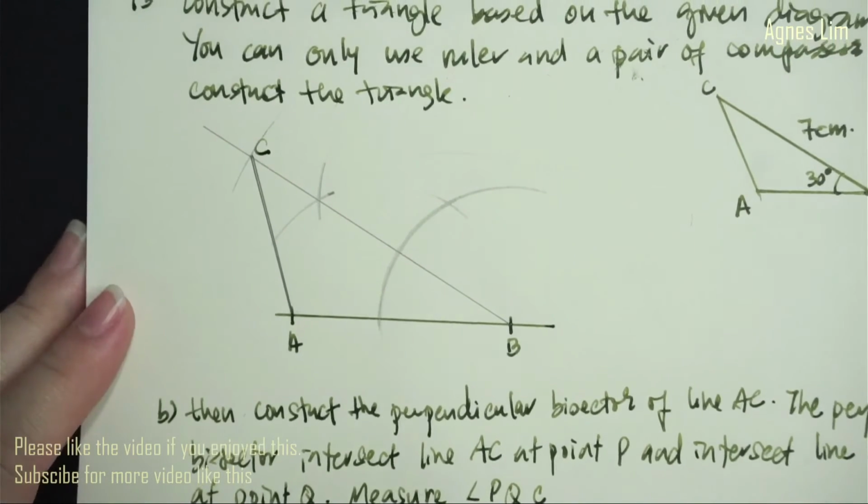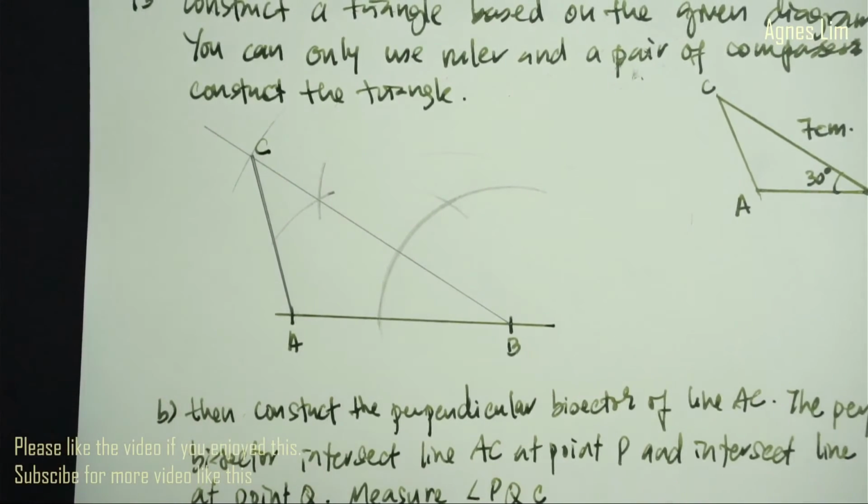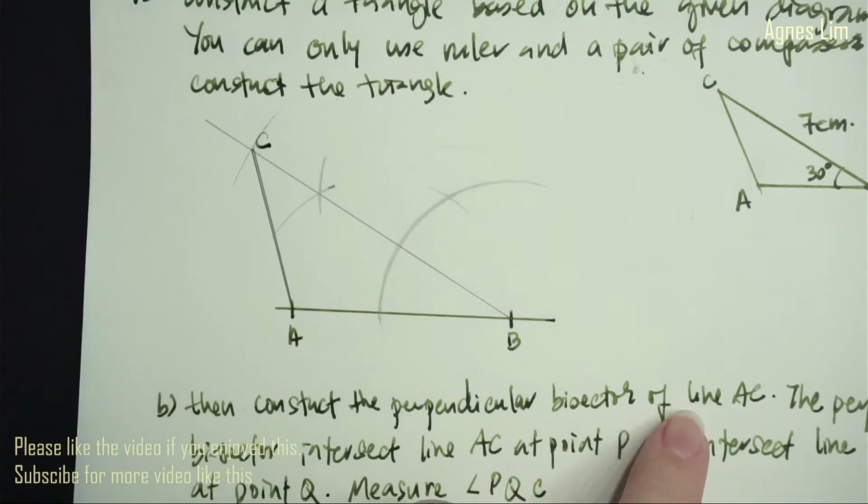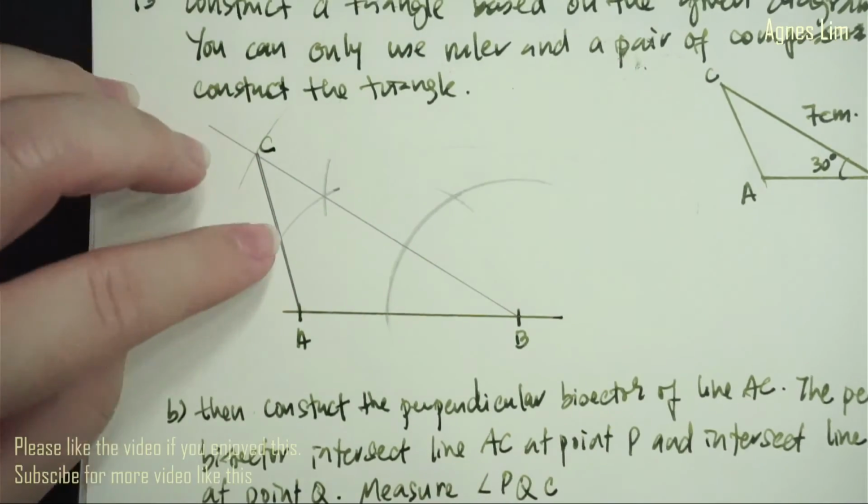So perpendicular bisector of line AC. So we're going to do it at AC.